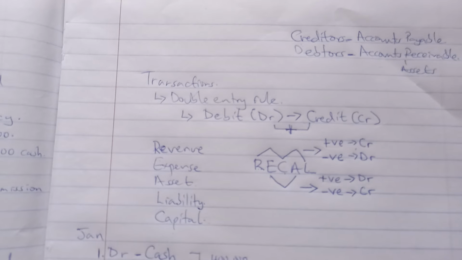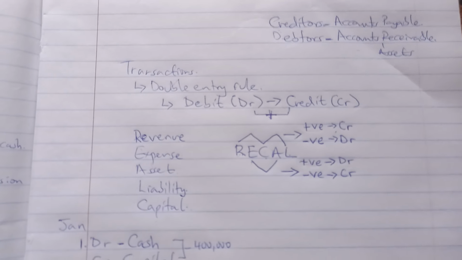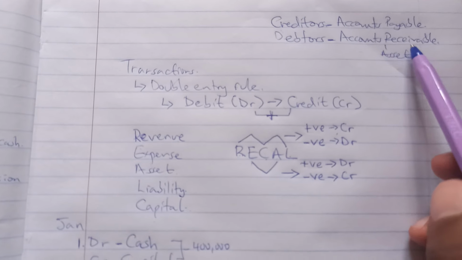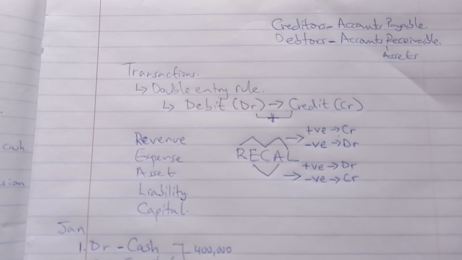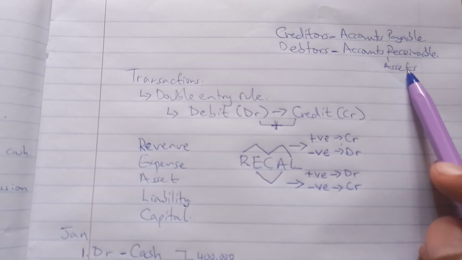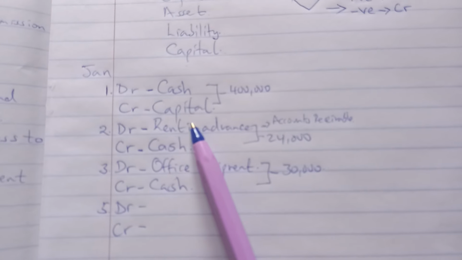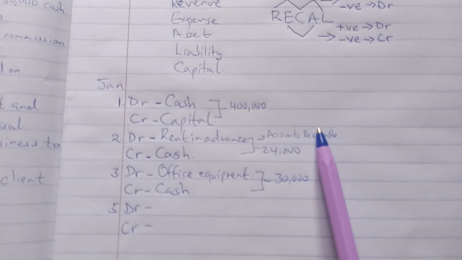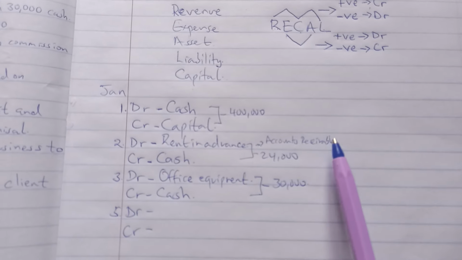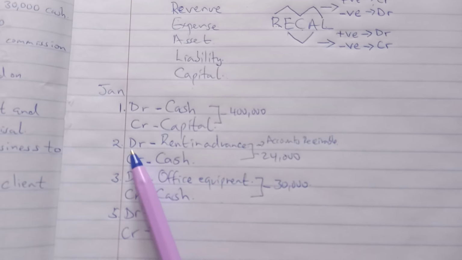Why? Because these are accounts which later on we will receive a certain amount. So that is why it is classified as an asset. Do you remember when I said rent in advance is considered as an account receivable? So accounts receivable are assets, and that is why we debited.